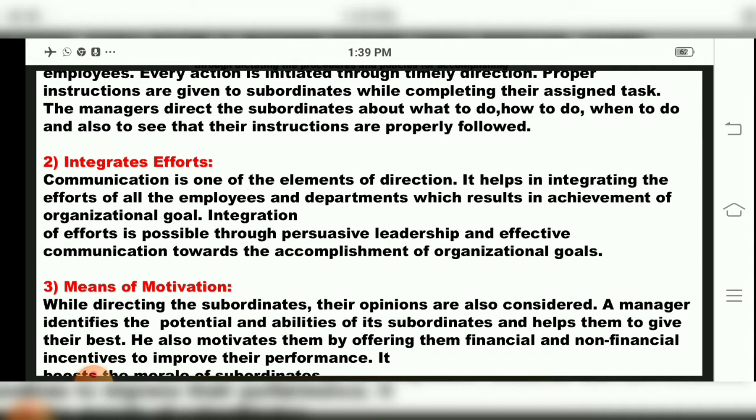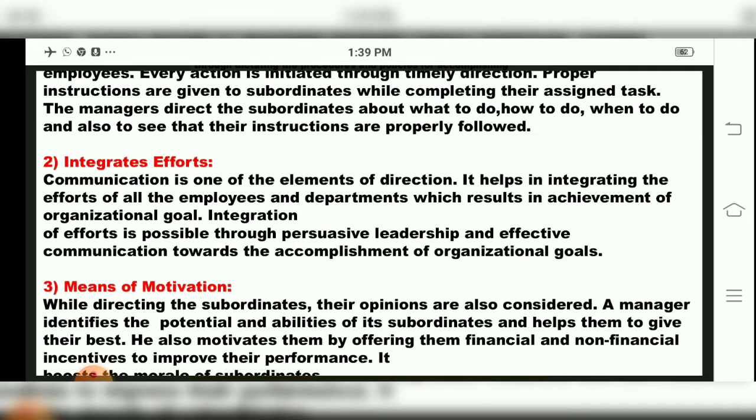So here the manager is a motivator to the employees to do work. While communicating, the manager will also look after employees' potential, capabilities and skills. He will suggest ideas, or he will appreciate initiative ideas from the subordinates, and they will work together.